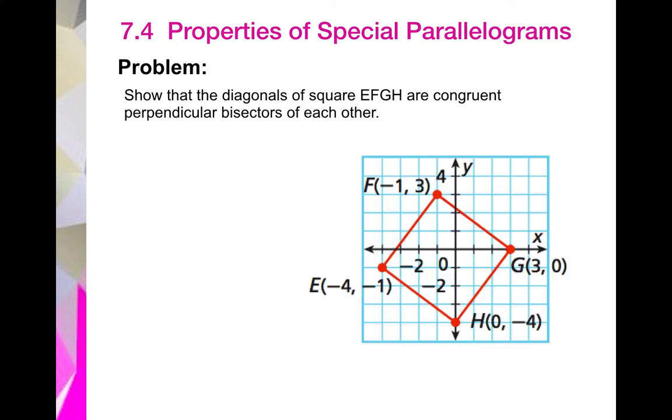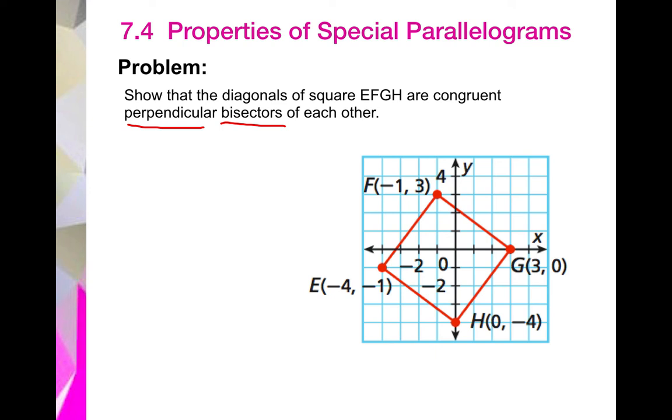In this next problem, we have the square EFGH, and we want to show that the diagonals are perpendicular and that they bisect each other. So we're trying to show two things: perpendicular, and bisecting.